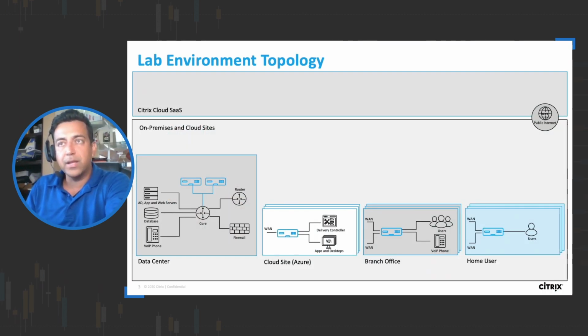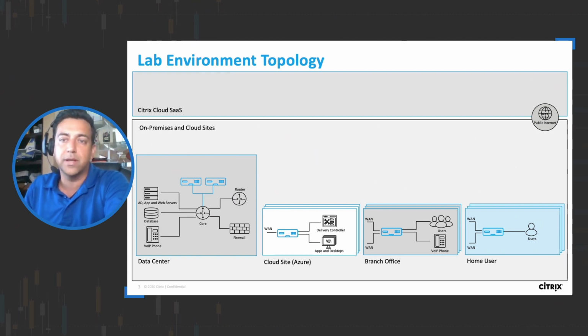So before we get into that, let's take a quick look at the lab topology where we'll be working most of the demos today. We'll have our demo center on the bottom left, and that's where the data center resides with an SD-WAN device. And on the right of that, we have a cloud-hosted site in Azure. And next to that, a branch site location, and finally, a home user site.